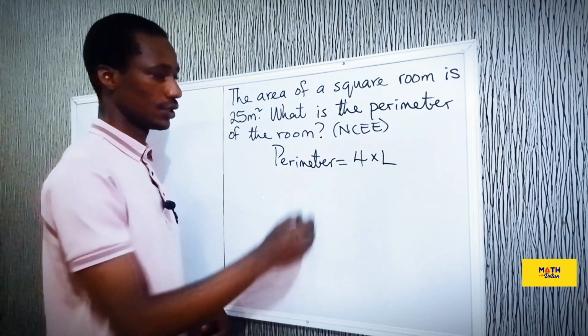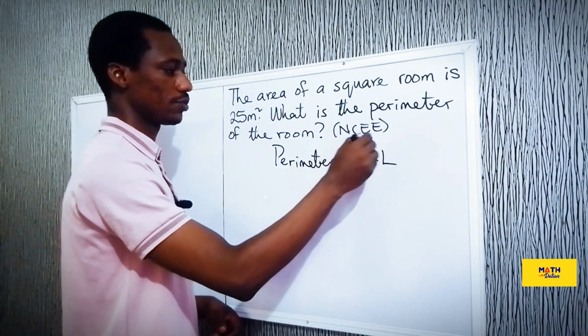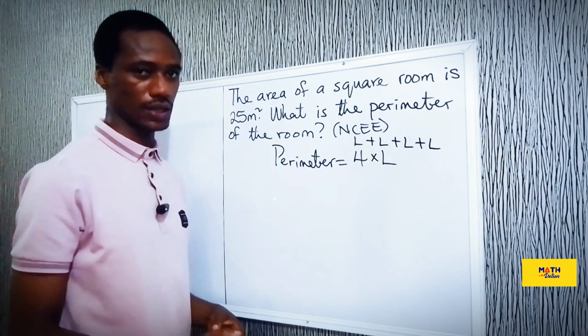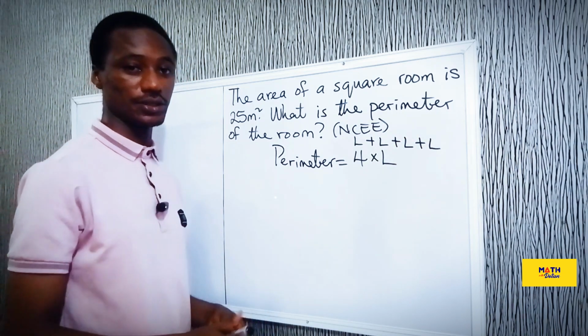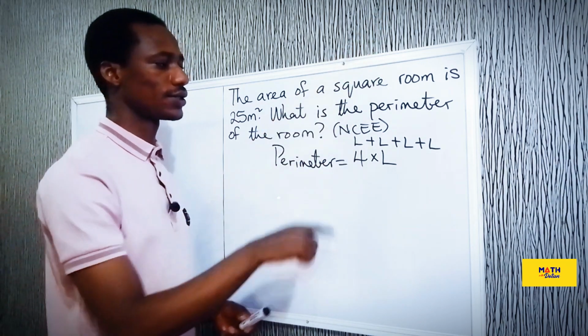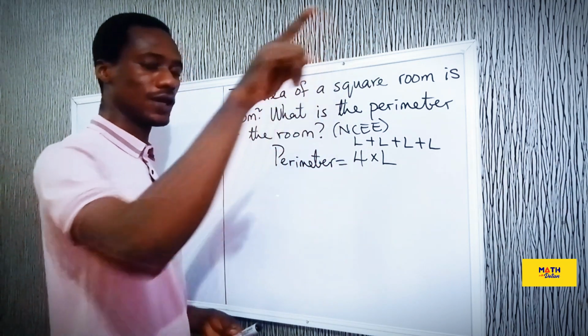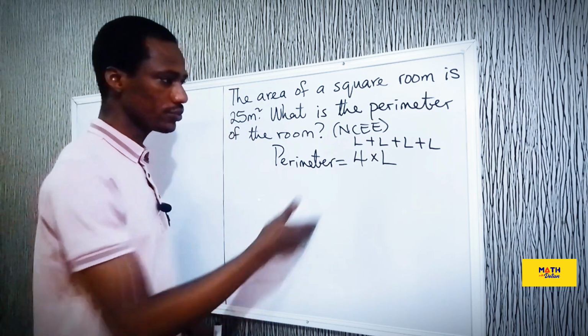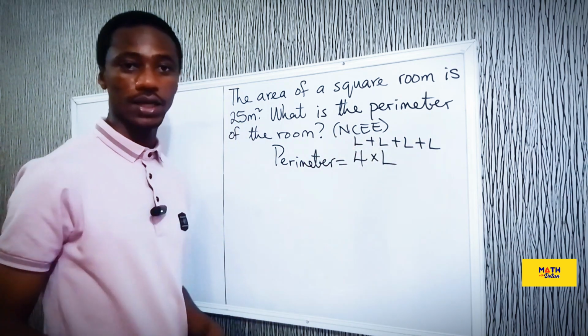If repeated addition is simpler for you, you could just add the 4 lengths together: length plus length plus length plus length. That would help you calculate the total distance around the shape, and this is simply 4 times length.